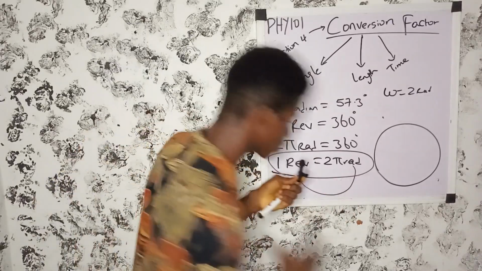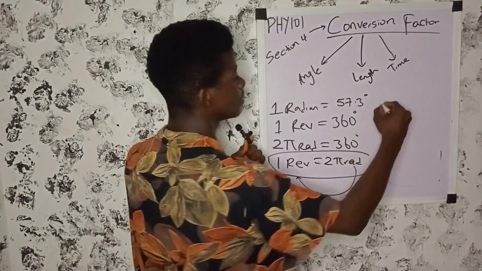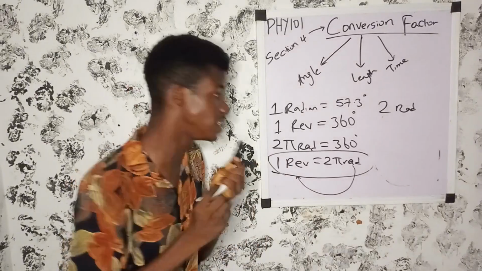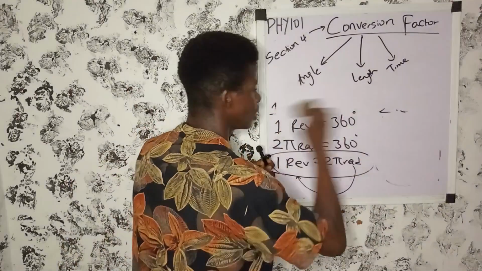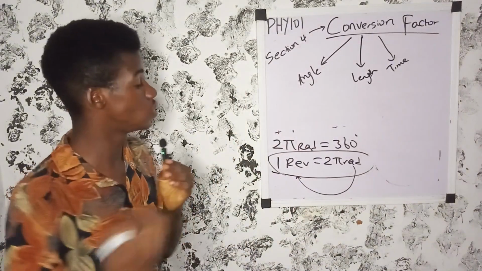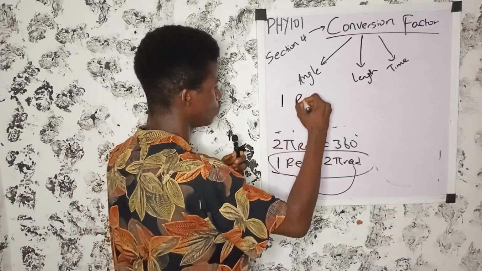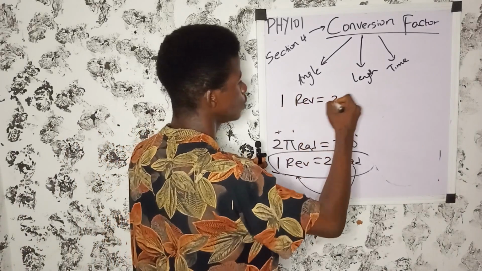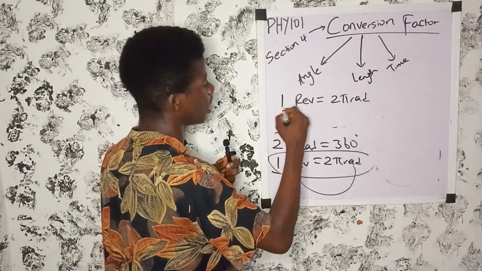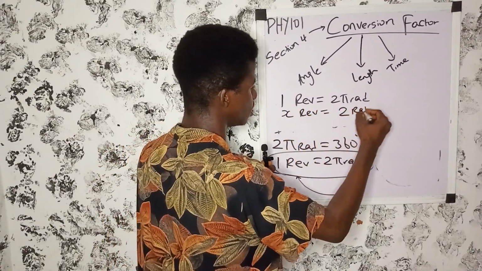For example, you are expected to convert 2 radian to revolution. It's very easy. If they ask you to convert 2 radian to revolution, you first say if one revolution is equal to 2 pi radian, then x revolution is equal to 2 radian.